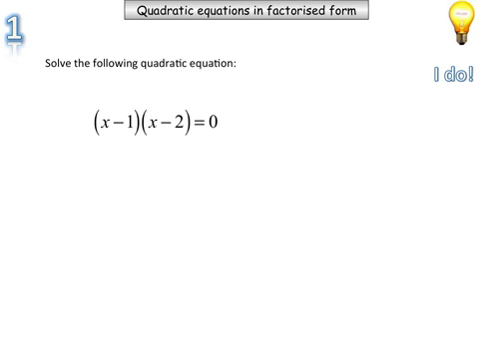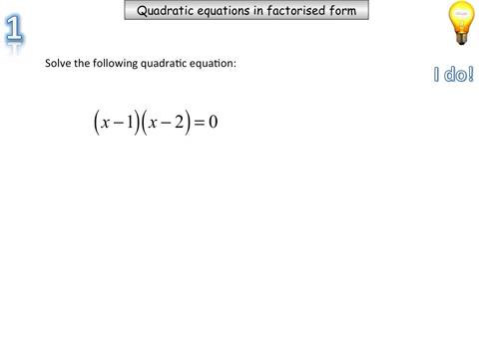Now, quadratic equations in factorised form can be quite easy to solve. So factorised form means here's two expressions multiplying by each other. If I expanded this expression, I'll end up getting a quadratic equation in expanded form, but here this is factorised form. So this number multiplied by this number is equal to 0.